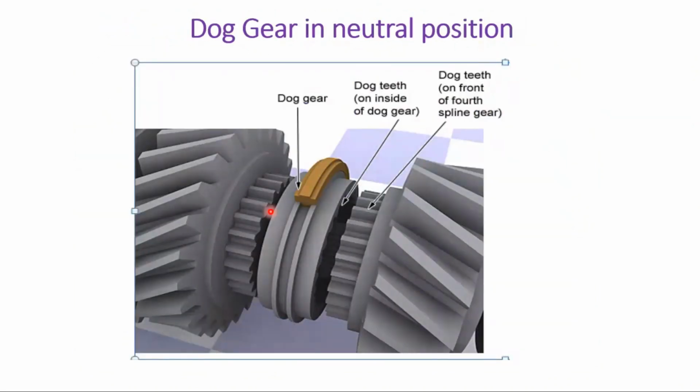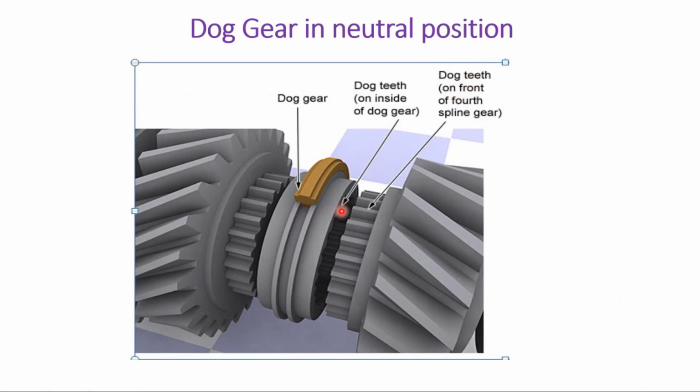So this is the dog gear. You can see you also have the dog teeth on the inside of the dog gear, and when there is continuous mesh going to happen, there will not be any damage to the gear. The gear will not get damaged. Even if there is damage, only the dog teeth will get damaged.